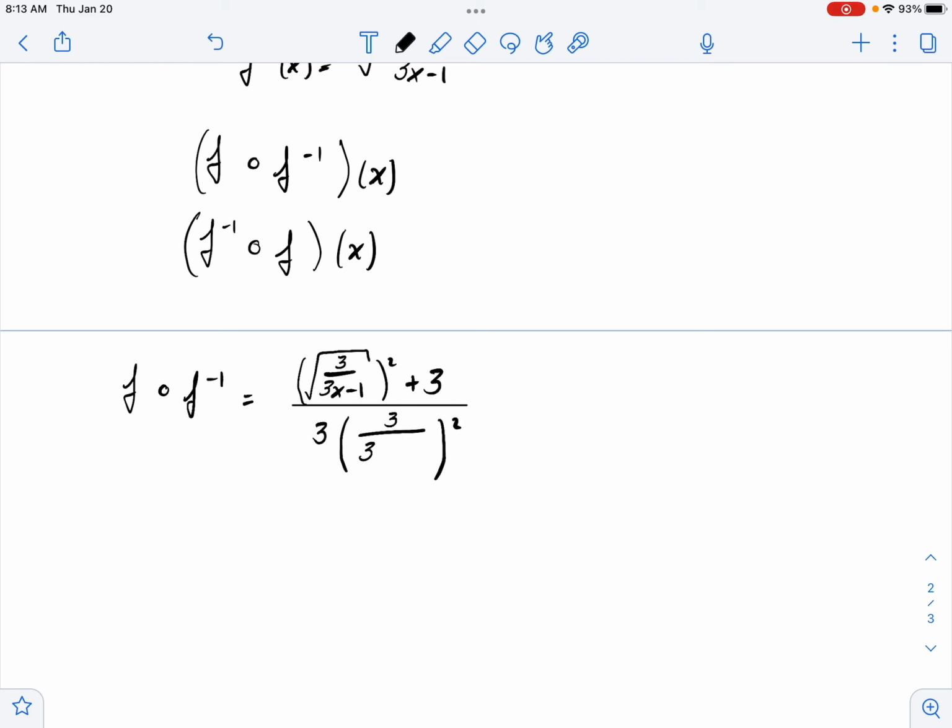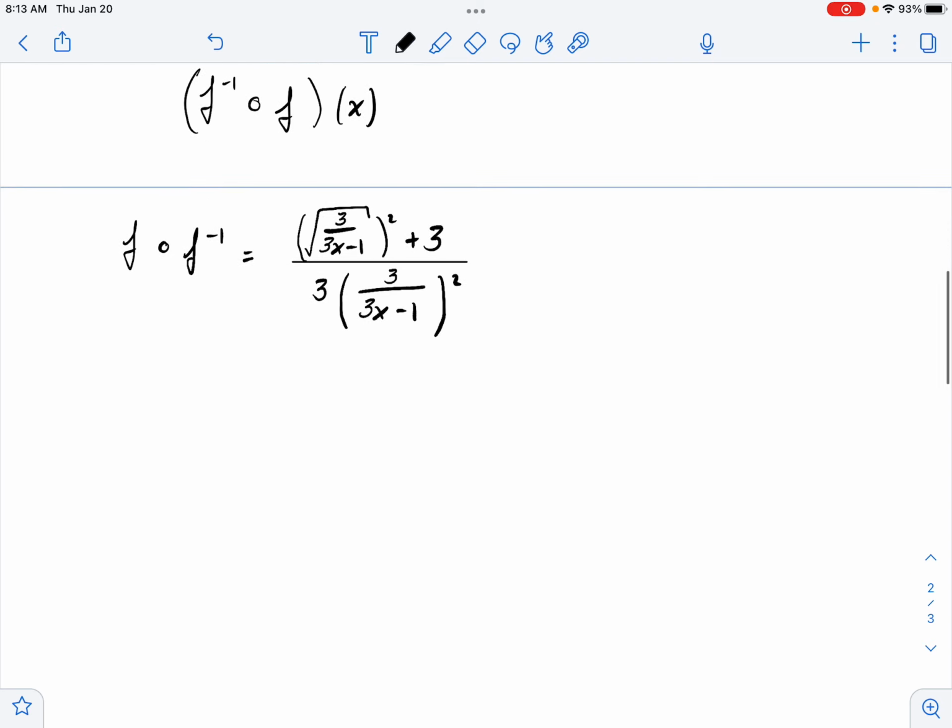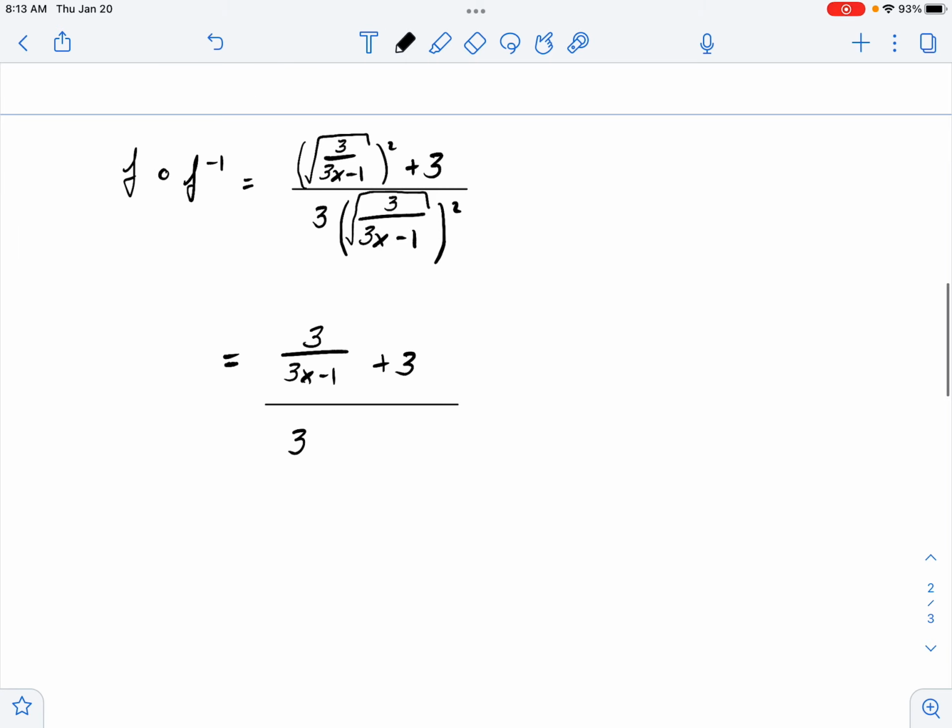Working this out, my square root and my square term will cancel, and I'll be left with 3 over (3x minus 1) plus 3, divided by 3. Oh, look at this, I forgot my square root sign here. That's important. And so again, my square root sign will cancel with my square for inverse operations, and I'll be left with 3 times 3 over (3x minus 1).